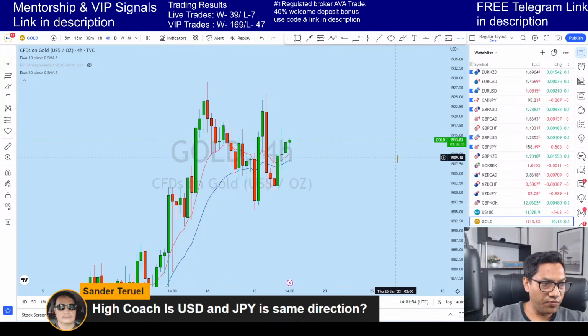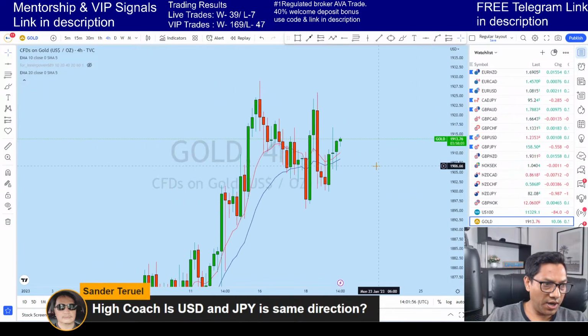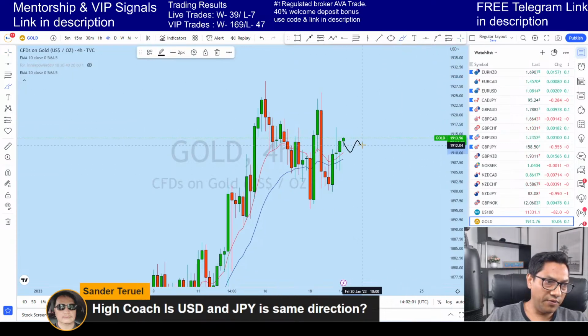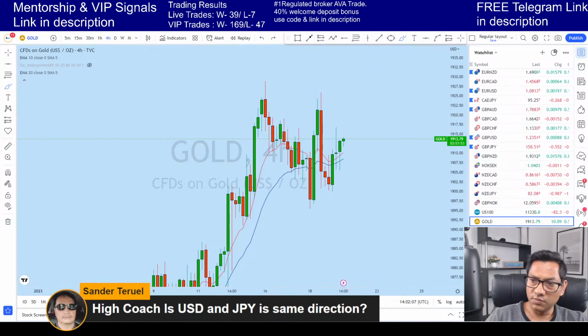The way it is forming now, the gold price is preparing for a short term, again another bullish move. Okay, this is what I see.